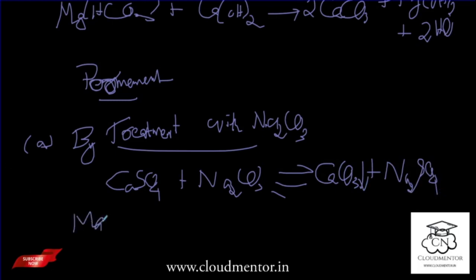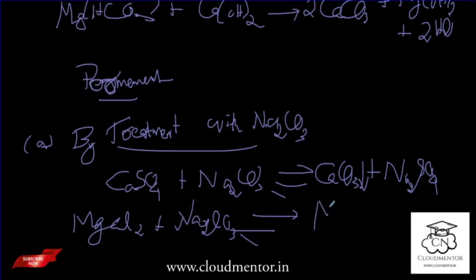The chlorides can also be removed by the same process, adding sodium carbonate, giving MgCO3, which is insoluble, and 2NaCl. This is also a reversible process, and we should remove the insoluble carbonates at the time they are produced.